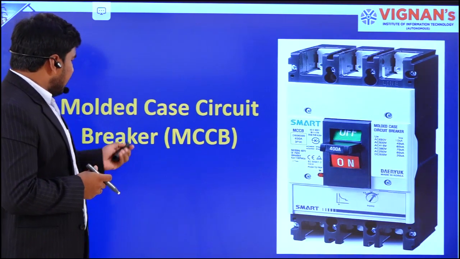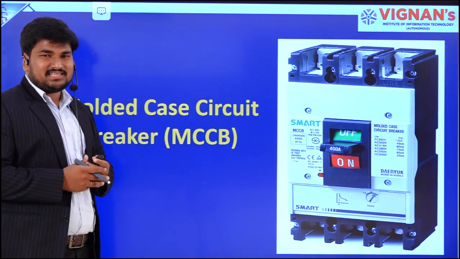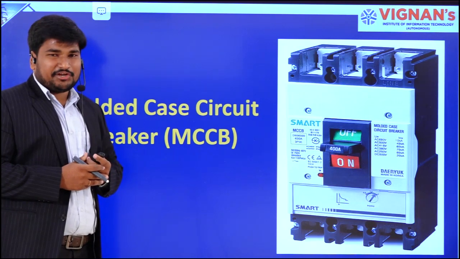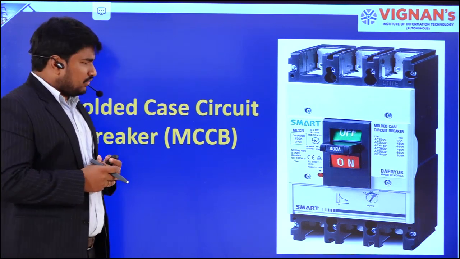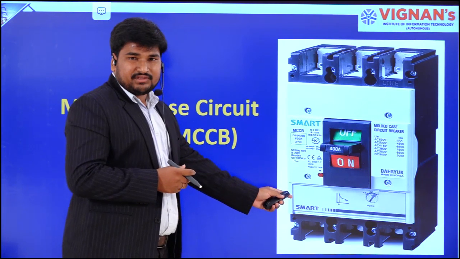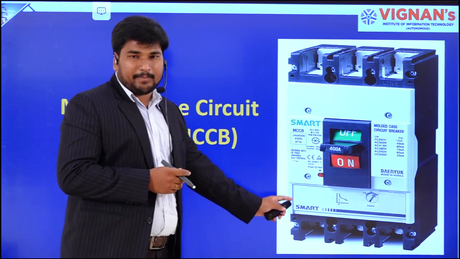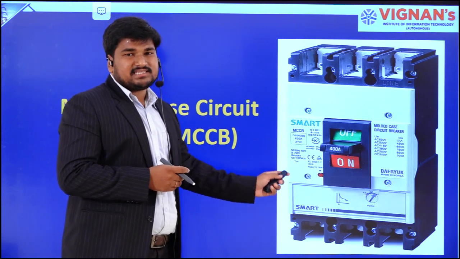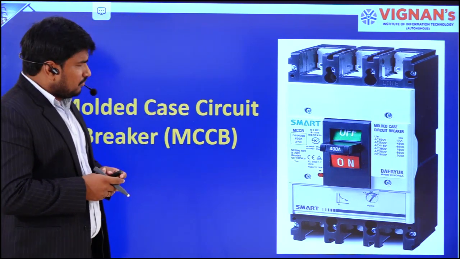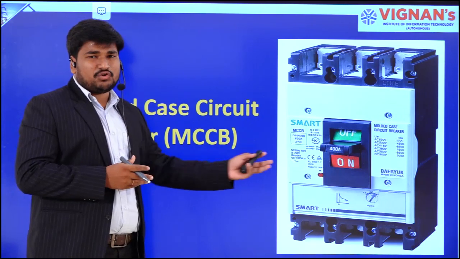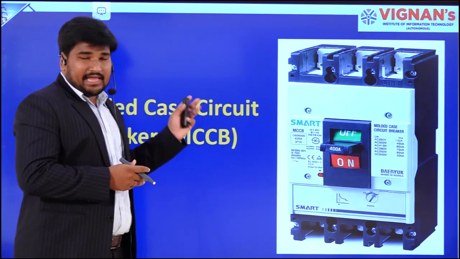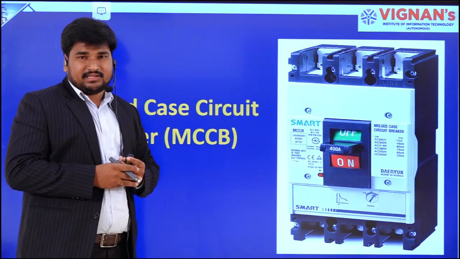Now, MCCB, that is molded case circuit breaker. If you observe this diagram, this is the MCCB equipment, that is molded case circuit breaker. It also works like an MCB, right?